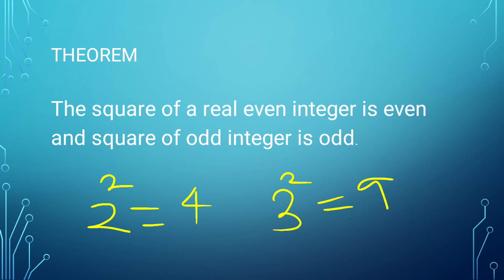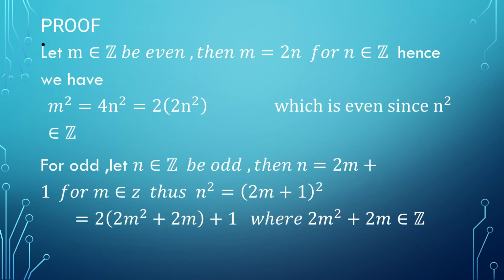So let's try to prove the theorem. We let m, by definition, be an integer which is even. If it's even, m will be equal to 2n, for n again an integer. If we square m, the square of it will also be even.